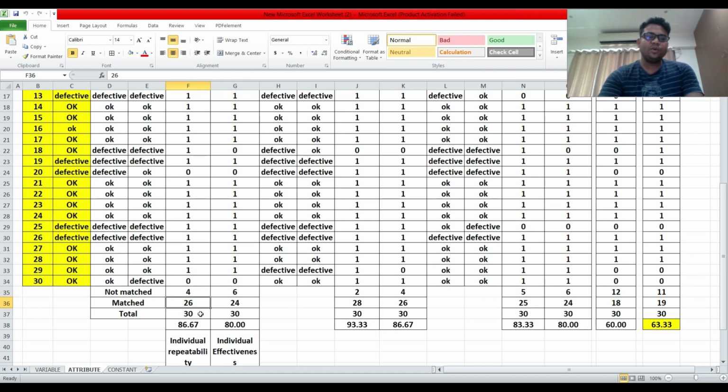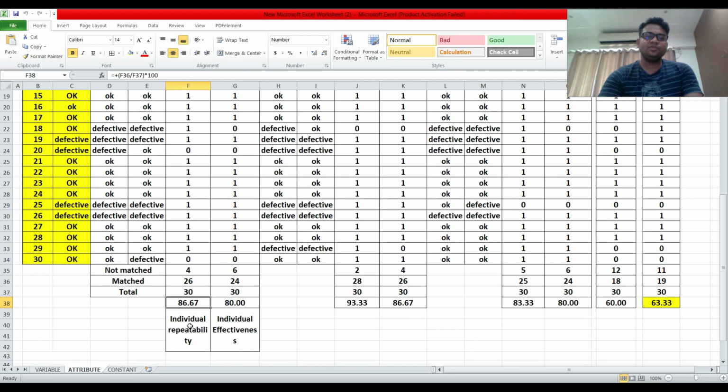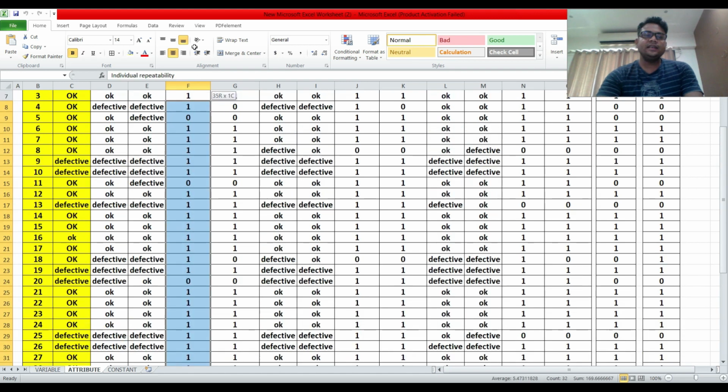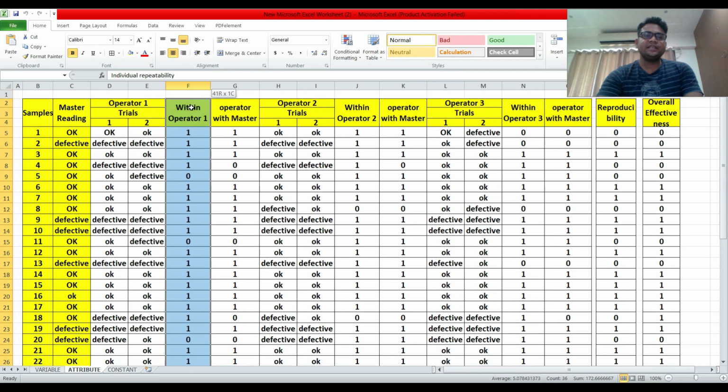So here you have to calculate the percentage, and this percentage is considered as individual repeatability. Individual repeatability equals total matched value divided by total value into 100. So this is called individual repeatability.